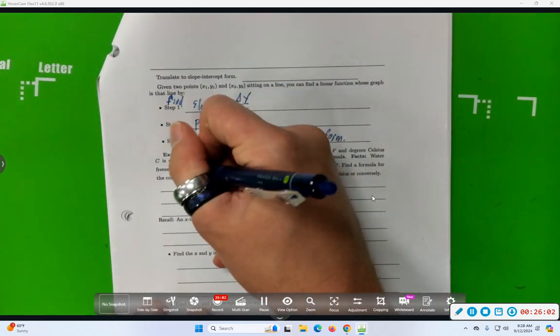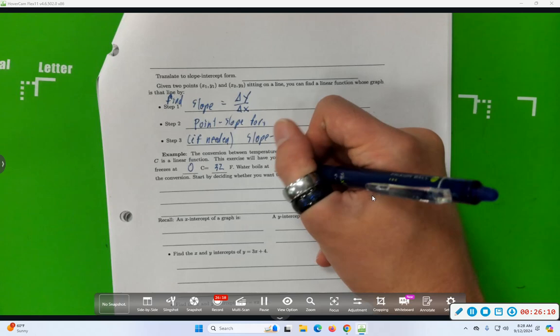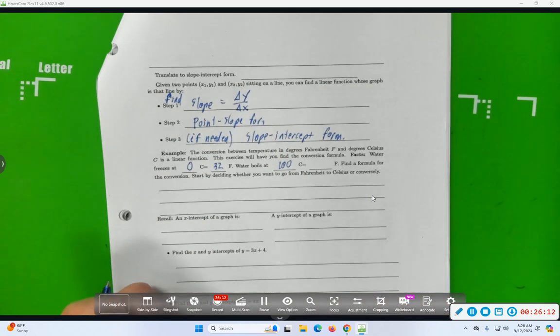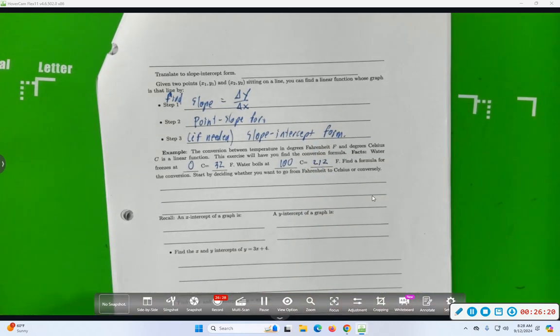So that means that 0 Celsius is 32 Fahrenheit. At what temperature does water boil? 100 degrees Celsius. What about Fahrenheit? Yeah, that's right, right? Okay.